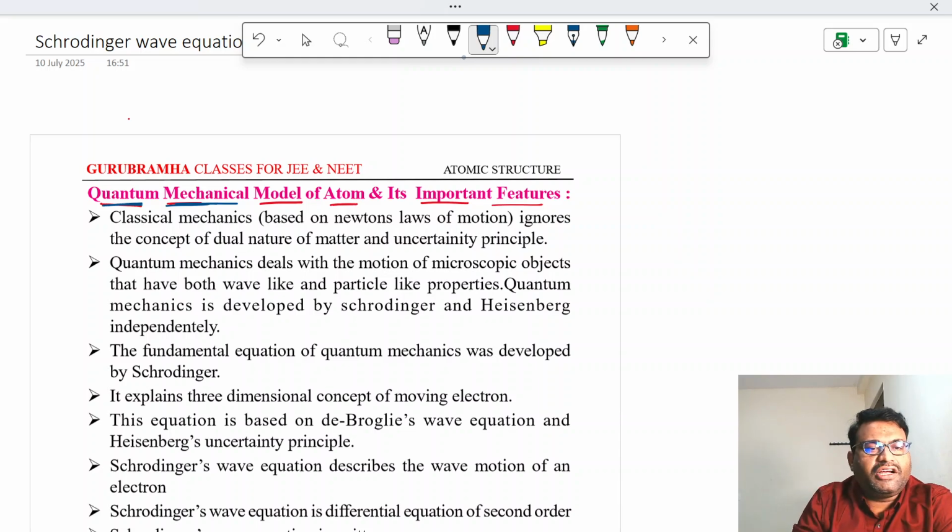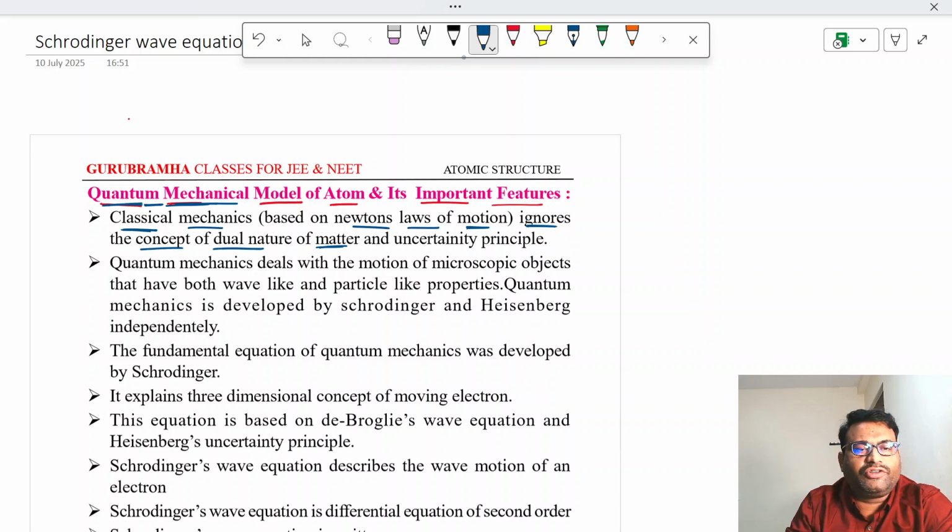See here, in the quantum mechanical model of an atom, classical mechanics, which is based on Newton's laws of motion, did not take the concept of dual nature of matter.